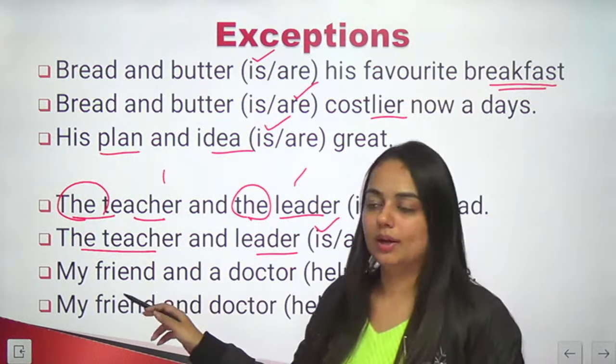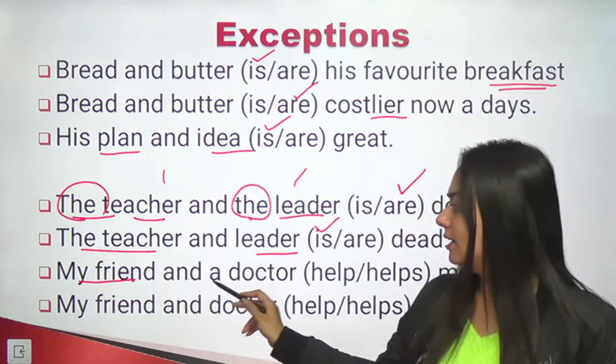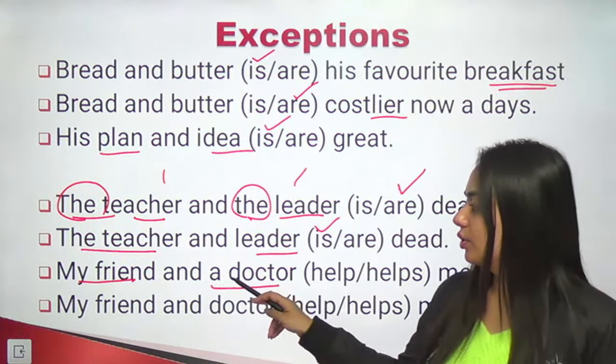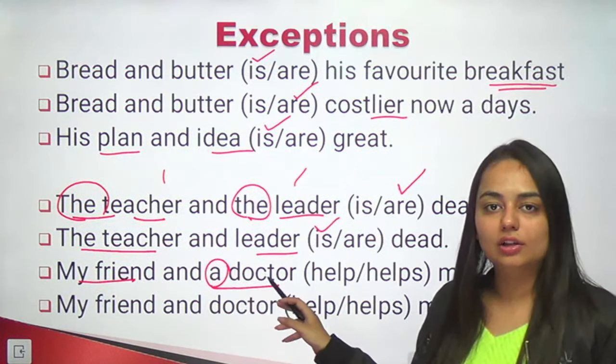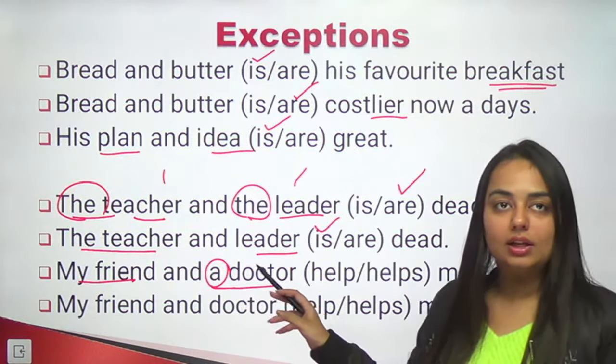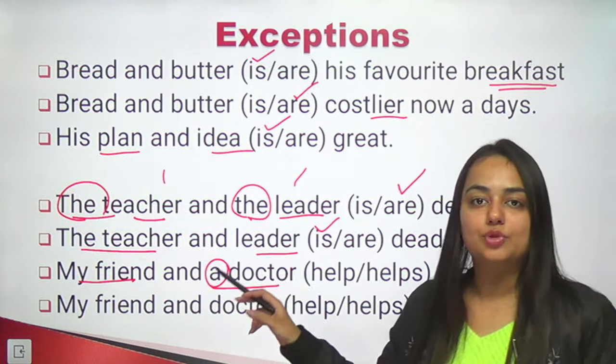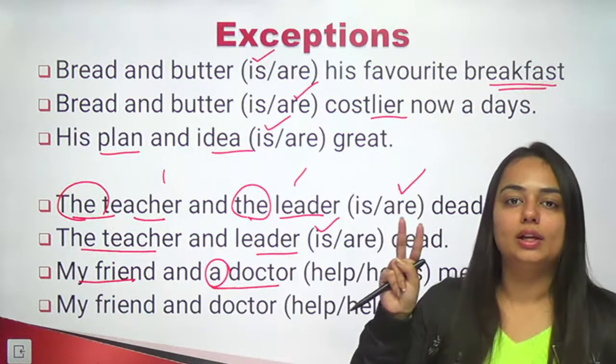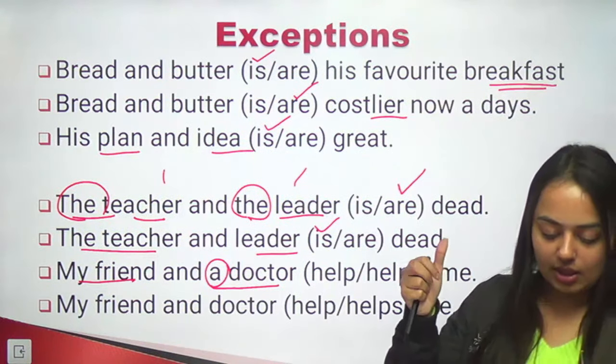Now, for this one, my friend and a doctor. Again, we are using a different article for this doctor. It means that they are two different subjects. So here again, we have two things. Subject is not singular, it's two.